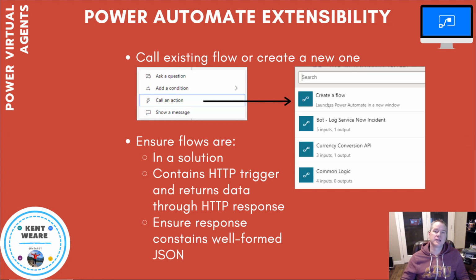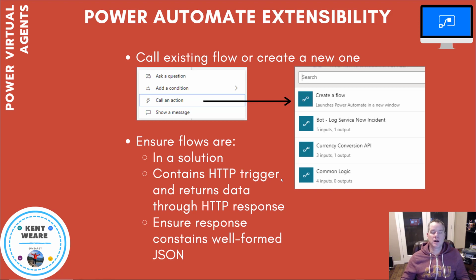The next thing is that the trigger must be an HTTP trigger. And you can include essentially like a message body or parameters. And so we will see that in action. So that's very important. You want to be able to pass data from your bot to your flow. And lastly, you want to ensure that your response is well-formed JSON. And so you will pass information back from the flow to the bot using the HTTP response action.